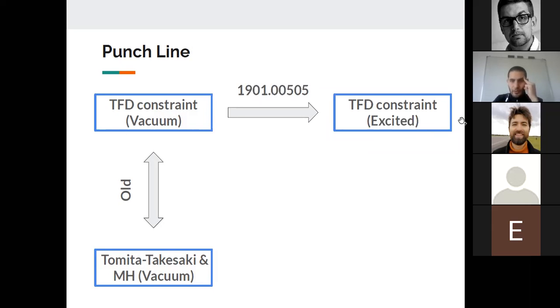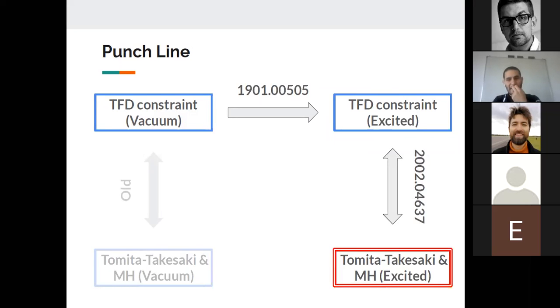So then the question was somewhat more clear. Is there still a way to map this constraint, the excited constraint for excited states that we have found, into a Tomita-Takesaki problem? You could ask why we are obsessed with mapping everything to Tomita-Takesaki.